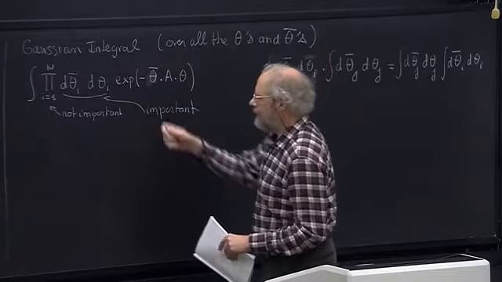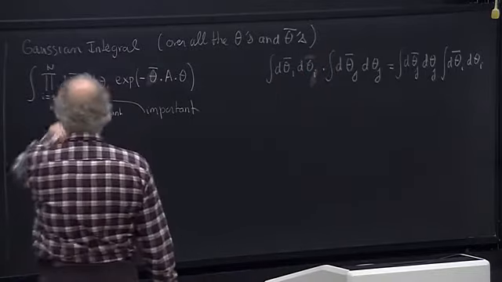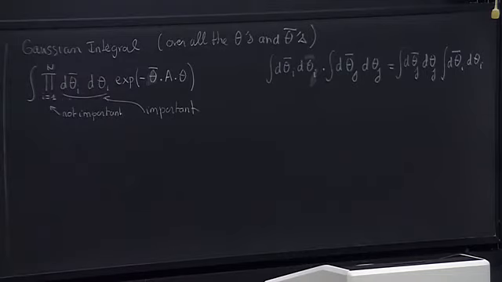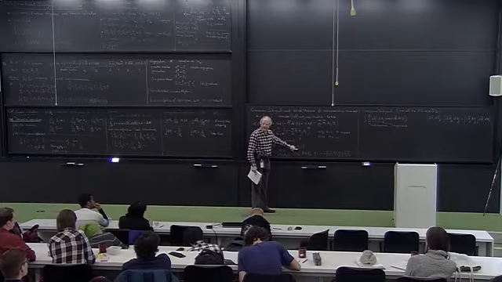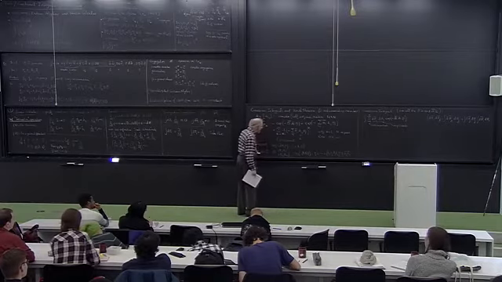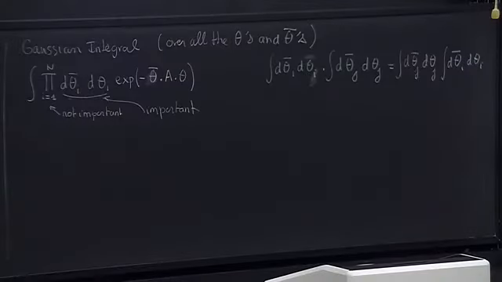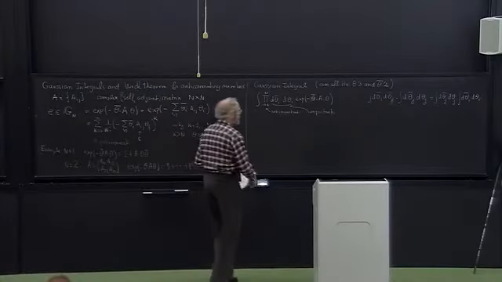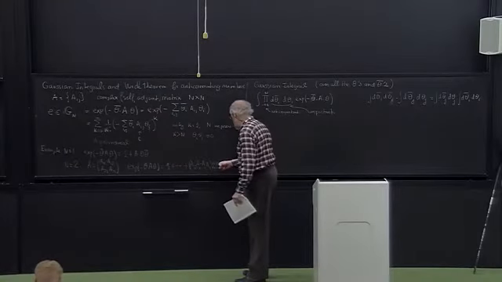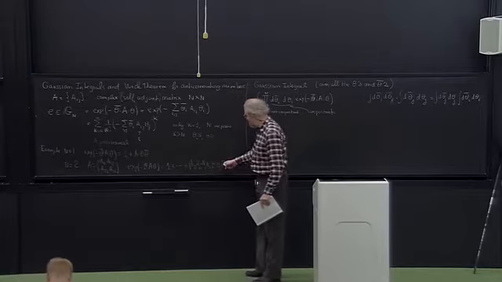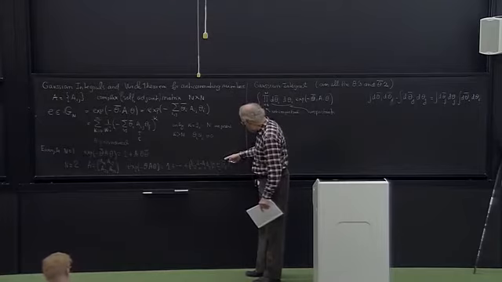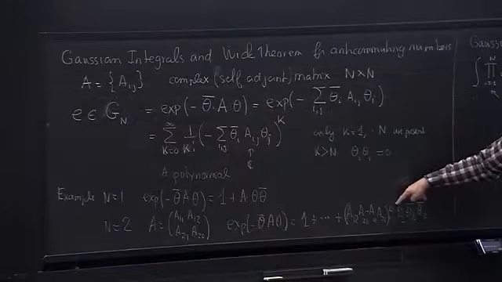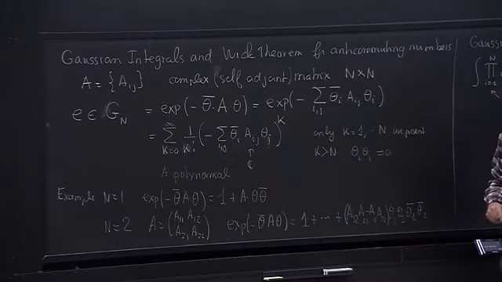So now, let's do that for this. When you have n equal 1, one generator, you just get A. When you integrate over two generators, I integrate first over theta 1, then over theta bar 1, and then over theta 2, and then over theta bar 2. So I have to bring back the theta bar 1 here, which gives the minus factor.